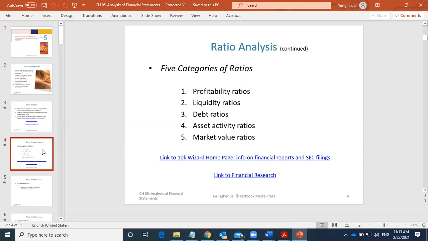Efficiency is how efficiently the company uses its assets to generate revenue. The last is the market value ratio: how those ratios are associated with the market price or market performance. So that's the ratio analysis we are going to talk about.